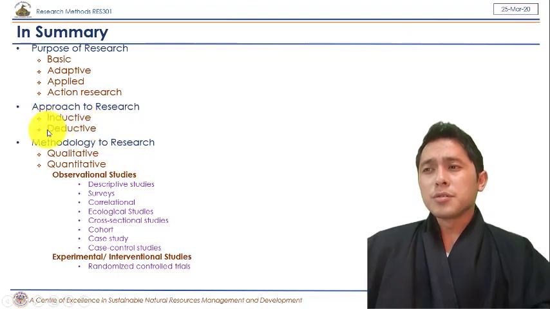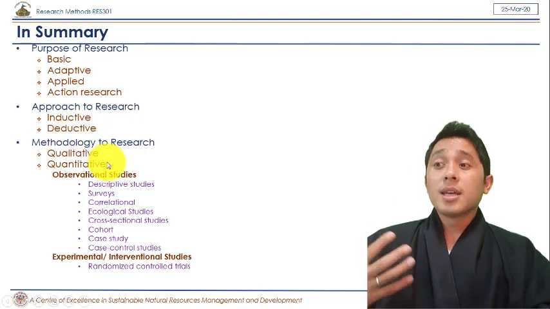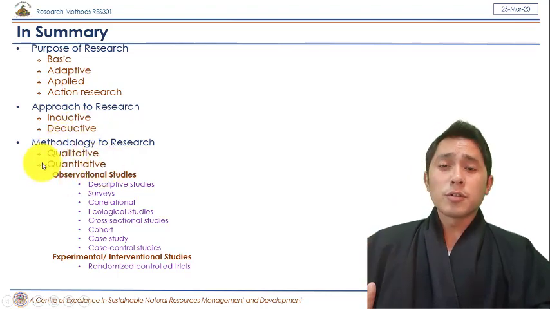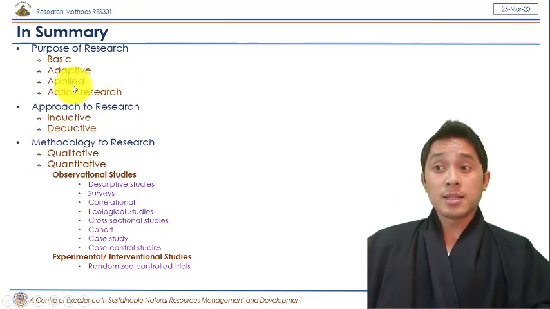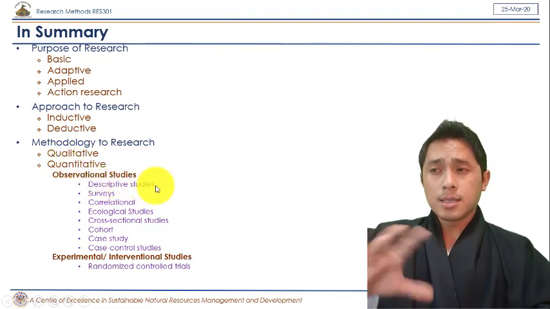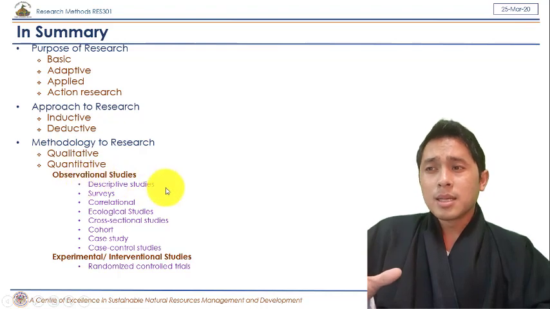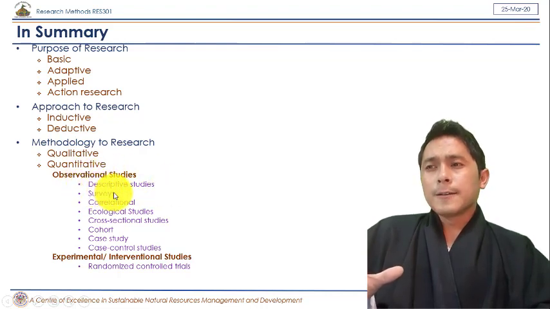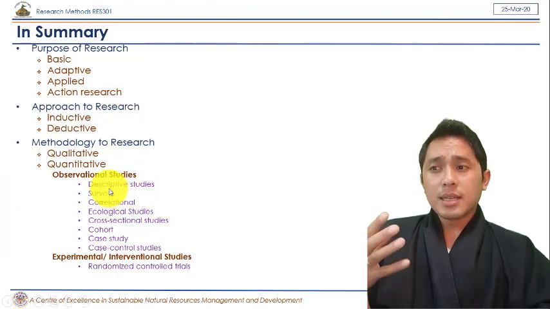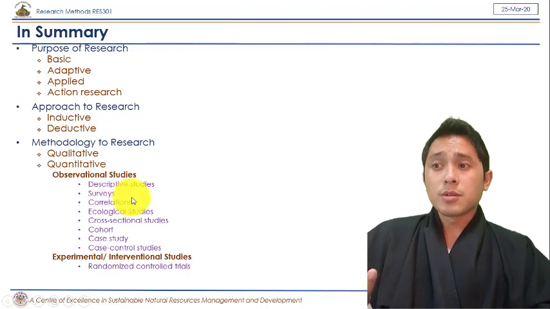Let's say you have chosen deductive. So basic, deductive, and is your method qualitative or quantitative or mixed method? So a mixed method, and then exactly which research type is your thesis or research based on, looking at the methodology. Is it based on surveys? Is it based on correlational studies?